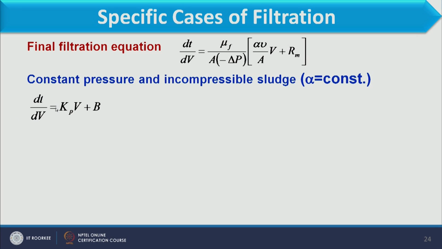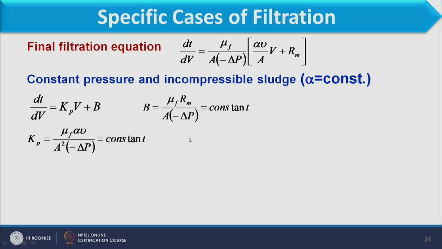So what we can do over here is, because the pressure drop is constant, all these factors except volume we can consider as constant, and the whole filtration expression will be denoted as dt by dV equal to Kp V plus B. So here B will be a constant and Kp should be a constant, and you see B considers the value of Rm, and Kp considers the value of alpha.